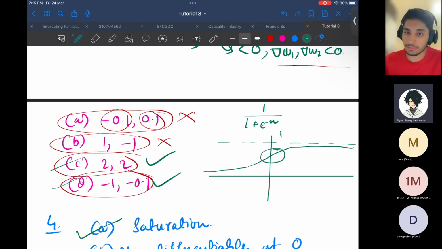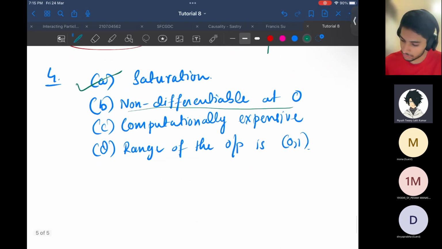From the graph at least you can see directly that there is no issue. So this statement itself is wrong, hence it is not a correct option.